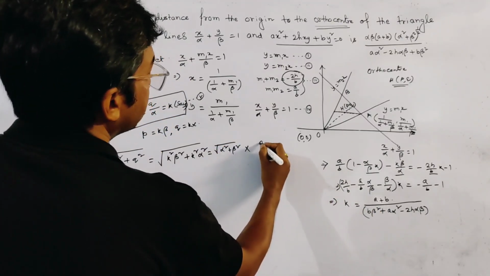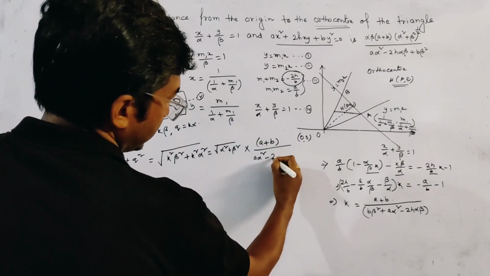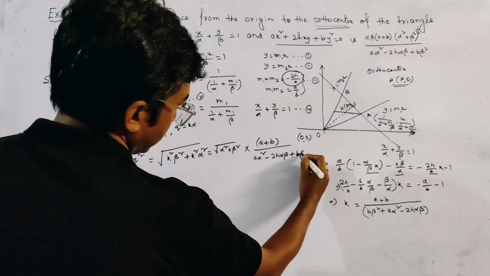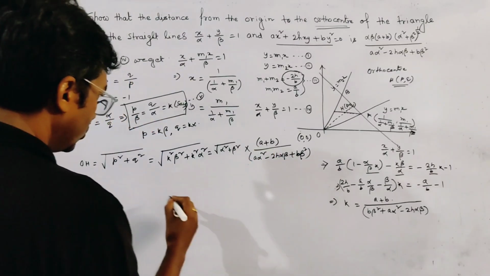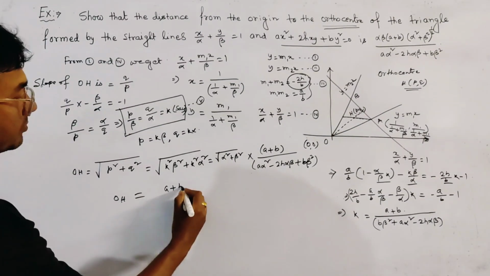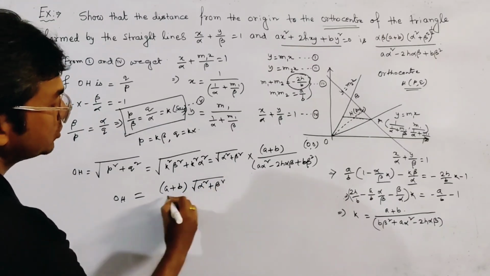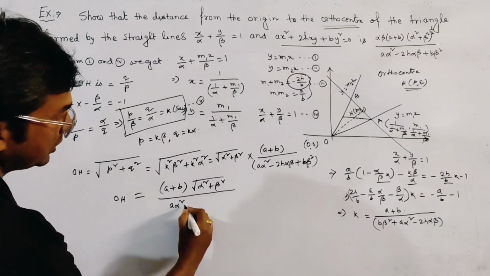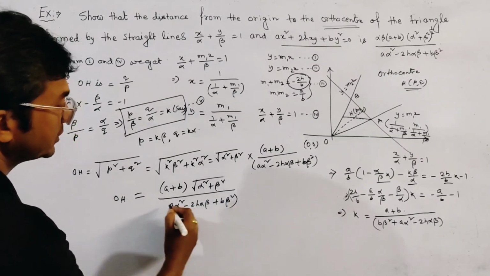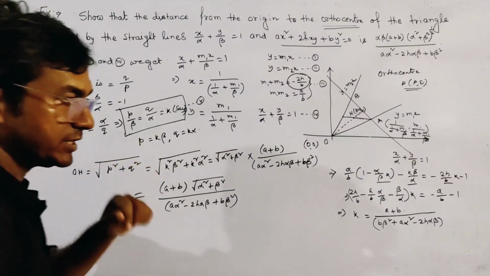So we put here a plus b by a alpha square minus 2h alpha beta plus b beta square. Okay, so OH is given by a plus b into root under alpha square plus beta square by a alpha square minus 2h alpha beta plus b beta square. Okay, but I made a small mistake here.